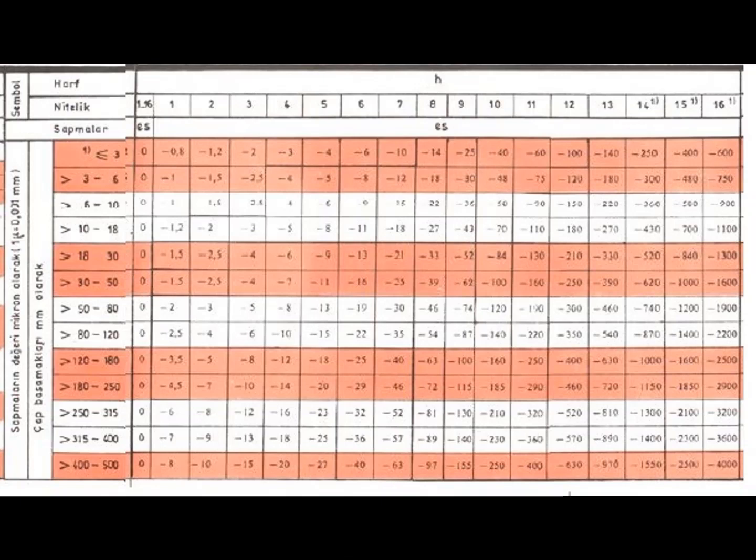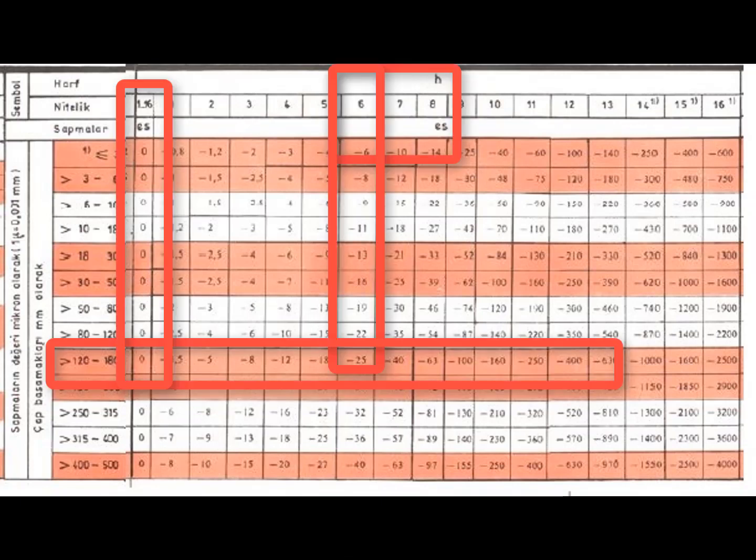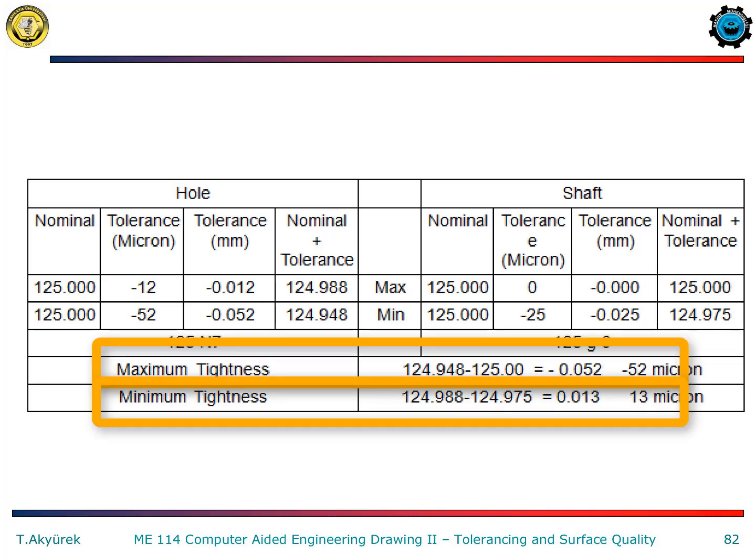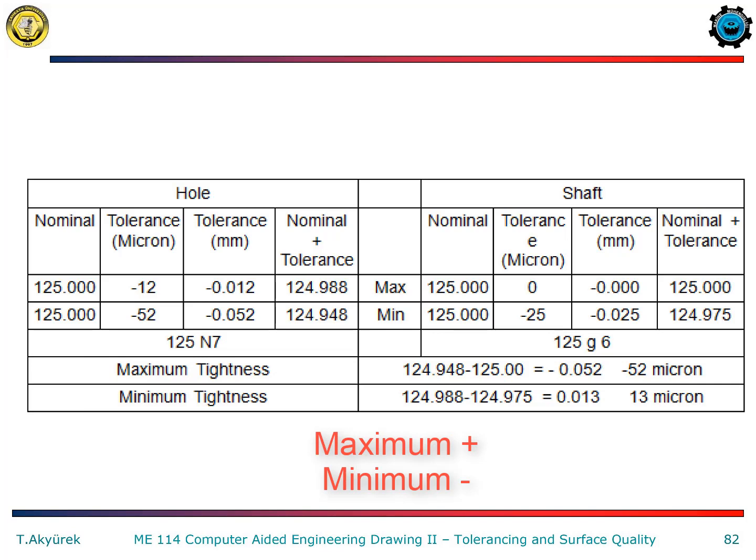For shaft size 125 h6 size, the largest size is 0 microns and the smallest size is -25 microns. If we put the values into a table, for maximum tightness is -52, and a minimum tightness will be +13 microns. We have created a connection where the largest tightness is -52 microns and the smallest tightness is 13 microns.